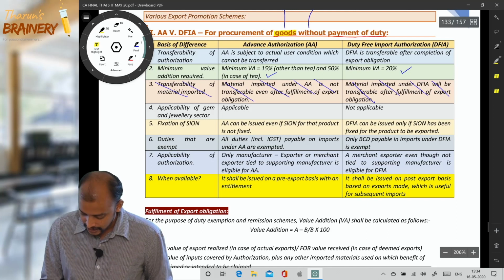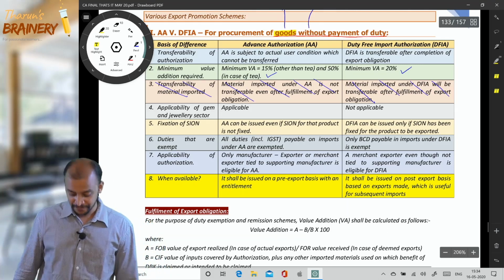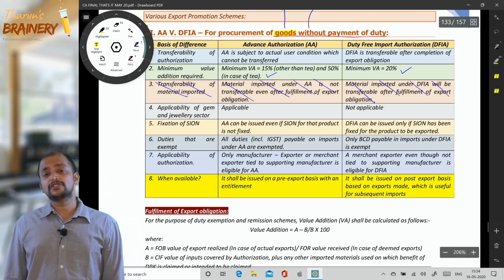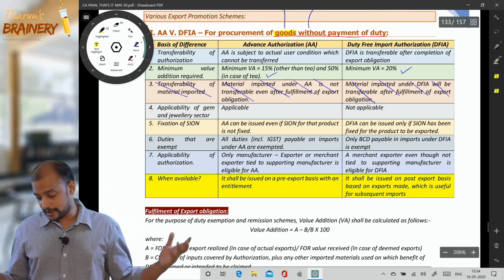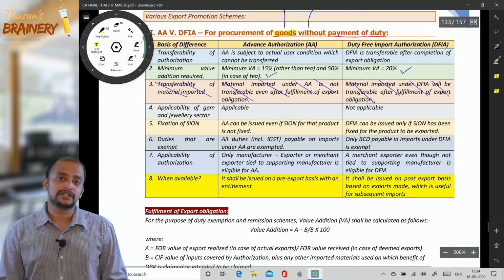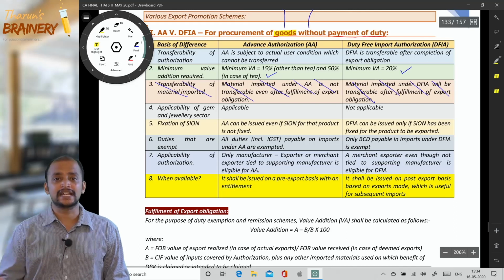Whereas DFIA is always issued on a post-export basis. That is, you don't know what material is required, you will casually import, and based on your exports it will be given, so that will be used for the next import.